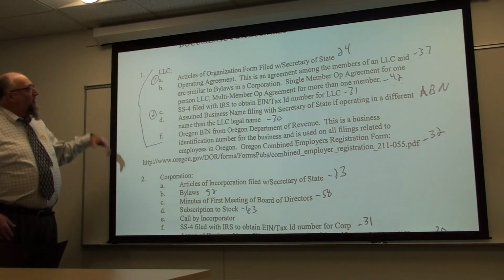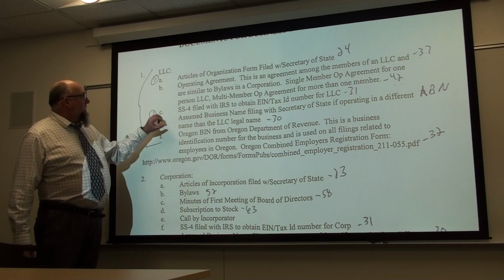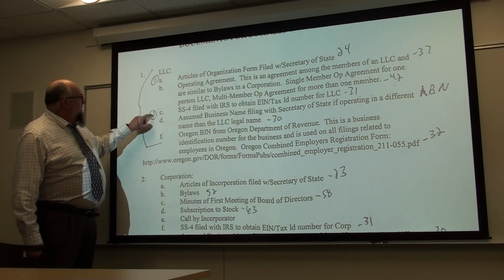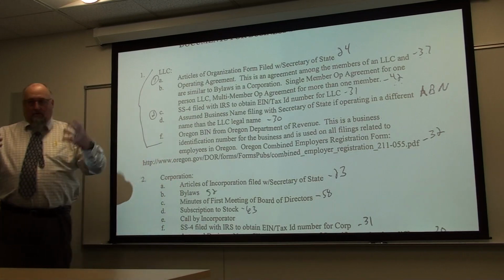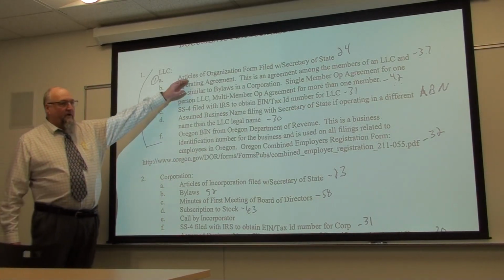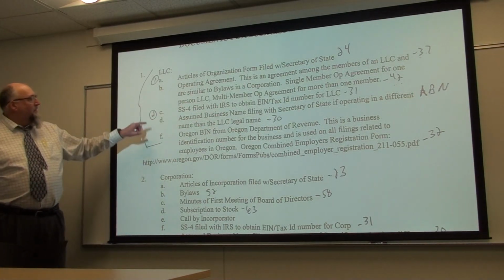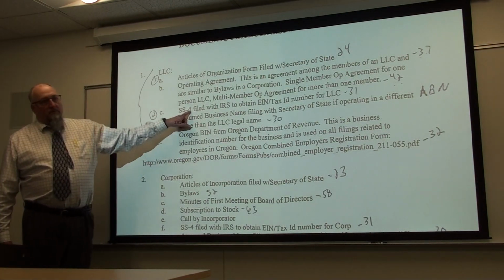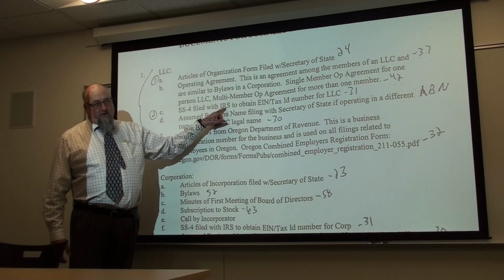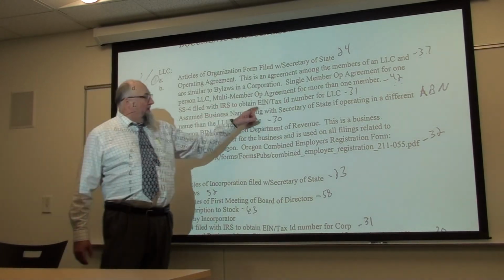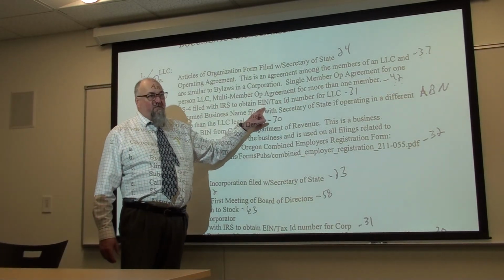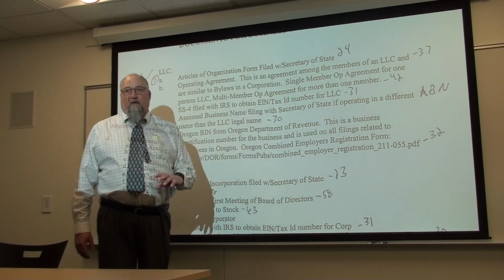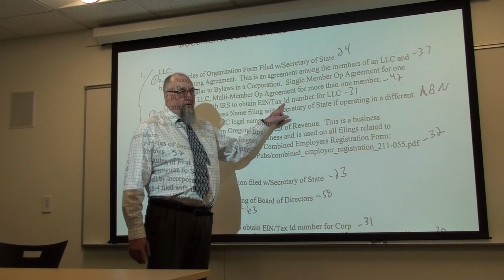Okay, so the next thing you're going to do, and actually I got these a little bit out of order, that's why I put 1 and 2. So the second thing I do to start a business, first I file with the Secretary of State. The next step is you're going to file what's called an SS-4 with the Internal Revenue Service to obtain what's called an EIN, which stands for Employer Identification Number, which is also known as a tax identification number.